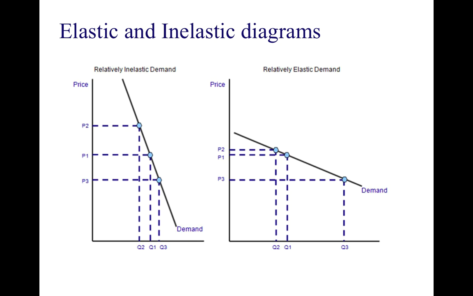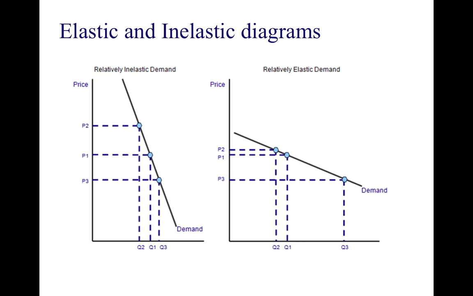And we can see different scenarios just from these diagrams here. On the left we have relatively inelastic demand, and I'll go through what all those details mean in a sec. But with inelastic demand, if we go from P1 to P2, so we've increased the price, we see that the quantity demanded has fallen, but by a smaller percentage than the increase in price. Whereas with the relatively elastic demand, we see the price increase, but the quantity demanded has decreased by a larger amount than the increase in the price.